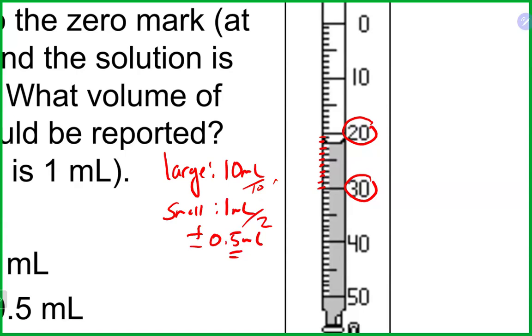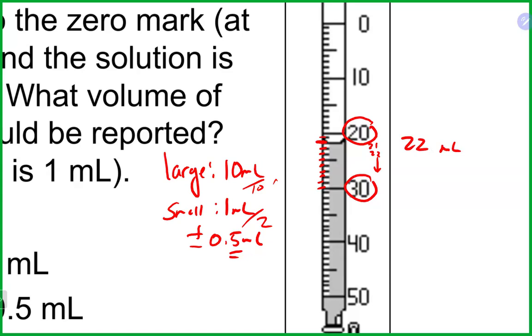So clearly, if we take a look at it, it is hanging, I would say, right on that second marking. And again, since it's increasing as you're going down, that second marking is 22 milliliters. So remember, we got like 21, 22 increasing as we're going down in this particular case. Now, because it's dead on that, should I record only 22 milliliters?